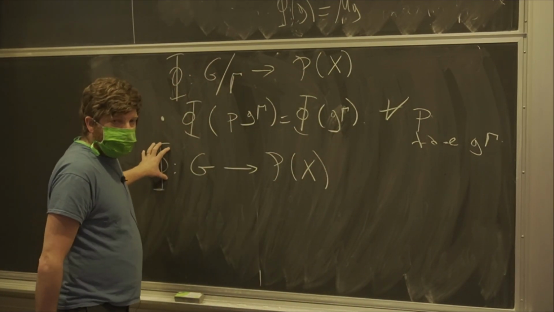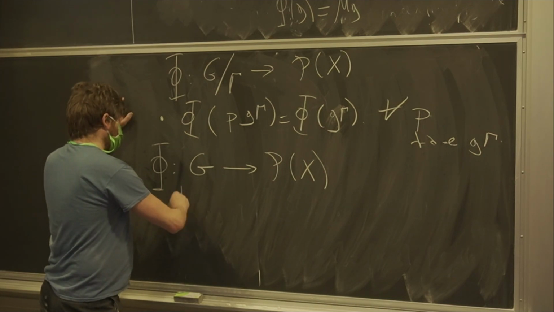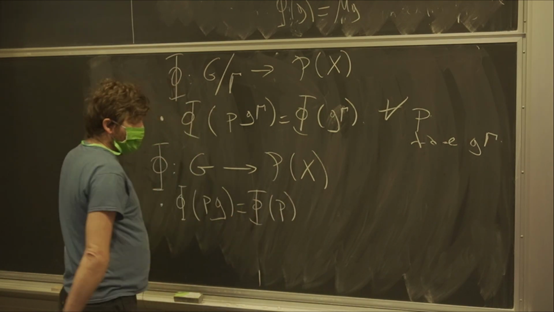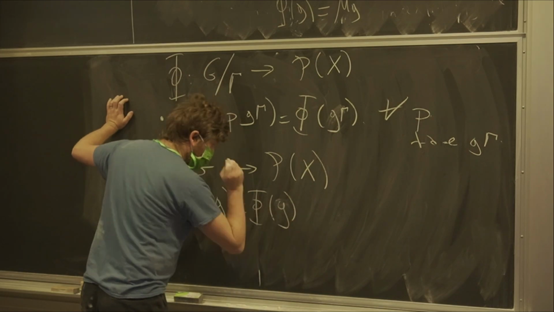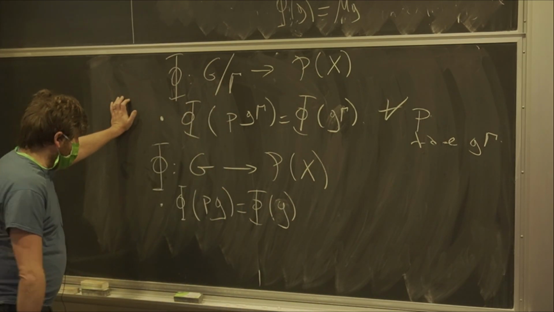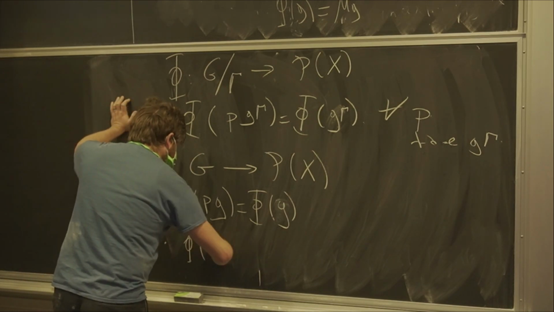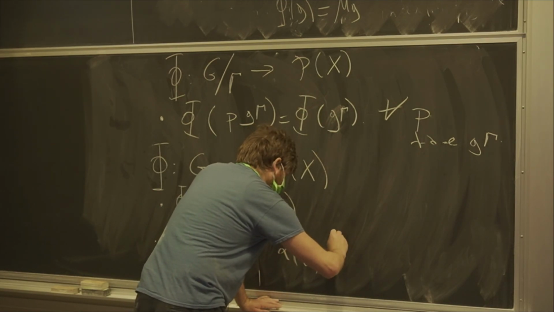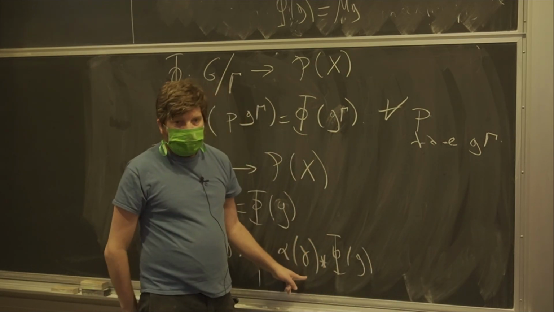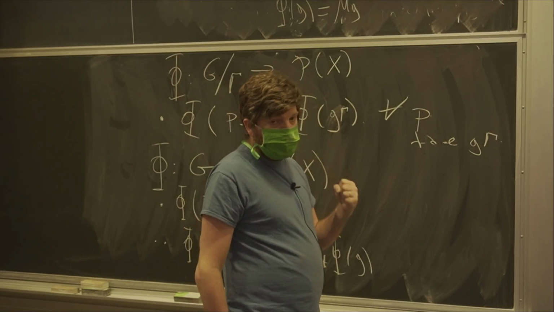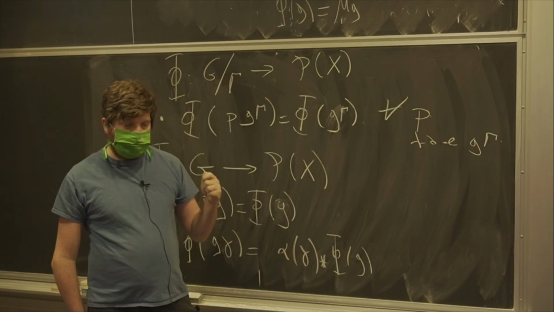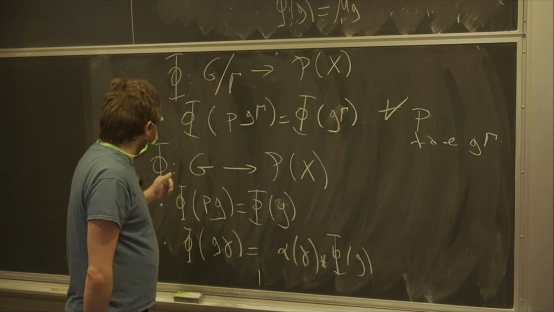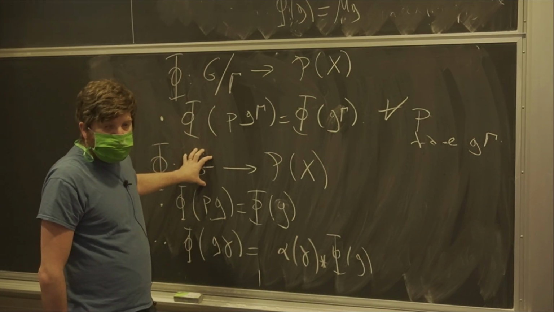Which will tell you that this phi function has the following two properties. One is that phi of P G is phi of P, in terms of phi of G. And the second is that phi of G gamma is alpha gamma star phi of G. And now is where I really start coming back to the very original action of alpha on the space X. And this is true due to the identification I do when I go from G times X into G times X mod gamma.